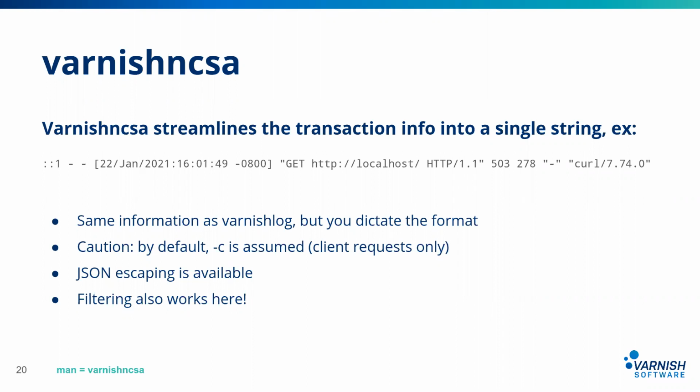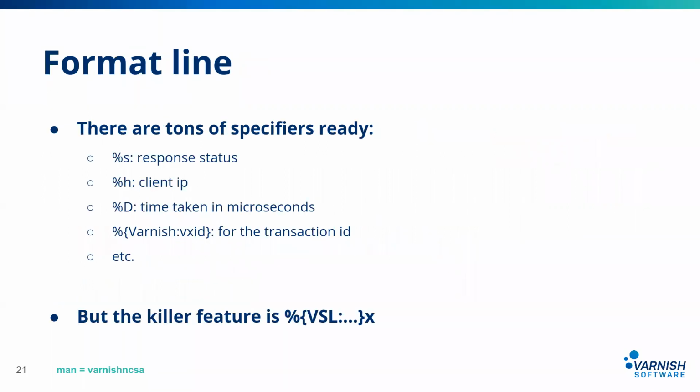You're seeing here an example of the default format string. But the important thing is you can build your own. And Varnish NCSA, as the name implies, is basically a copy for Varnish of the Apache NCSA tool. So we have much of the same specifiers.